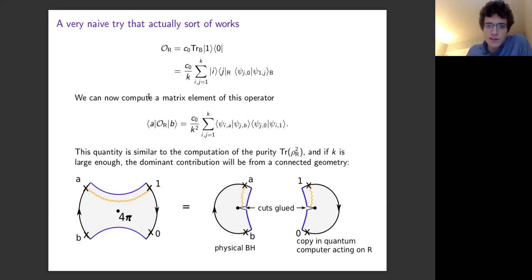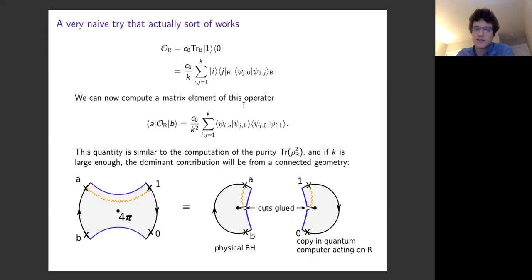So to see if this operator works at creating a particle behind the horizon, let's just compute a matrix element of this operator between two states, A and B, where A and B could both be either 0 or 1. If you use the formulas for states 0 and 1 that we wrote a second ago and plug in this formula for OR, then you'll find the expression written here.